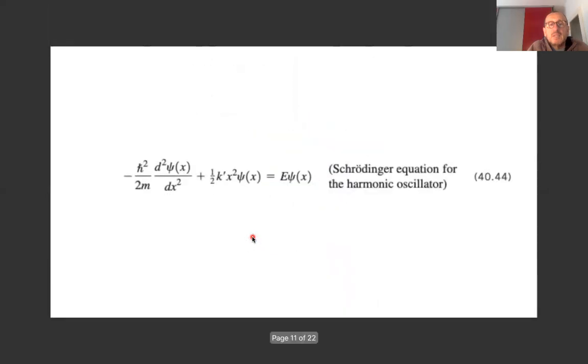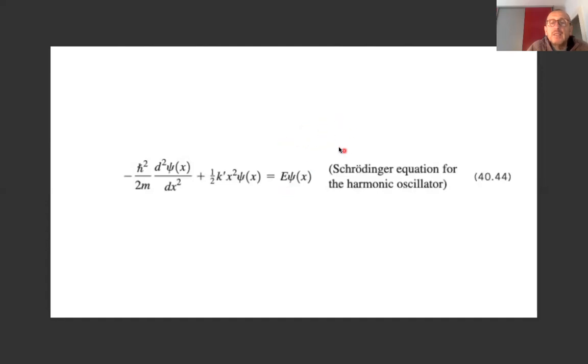But essentially, this is the equation we want to solve when we go to the Schrödinger equation. And for the harmonic oscillator, we have the kinetic energy term, we have the potential energy term, and now we are looking for what? Stationary states.